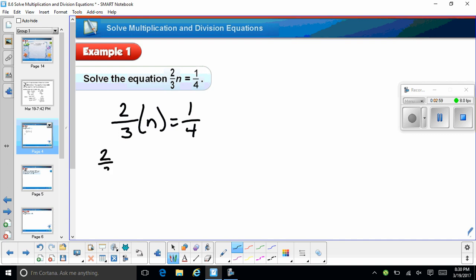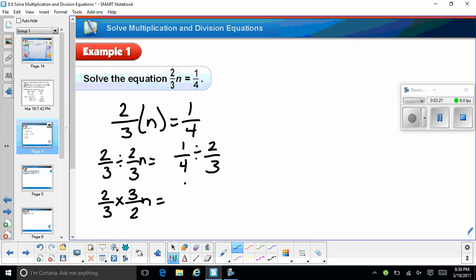So 2/3 n equals 1/4, so n equals 1/4 divided by 2/3. Remember, when we're dividing fractions, we have to use keep, change, flip. So I'm going to keep my original fraction, change my division to multiplying, and I'm going to flip my second fraction. We're going to do the same thing to this side.